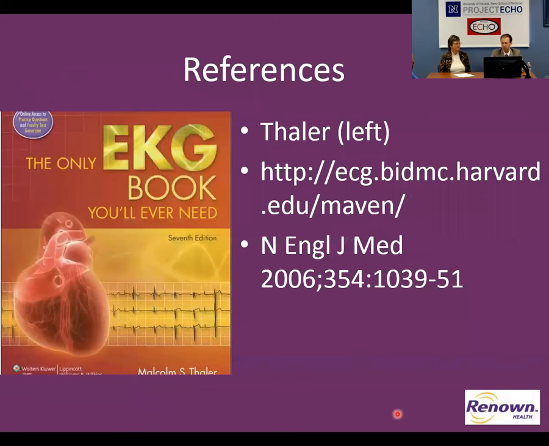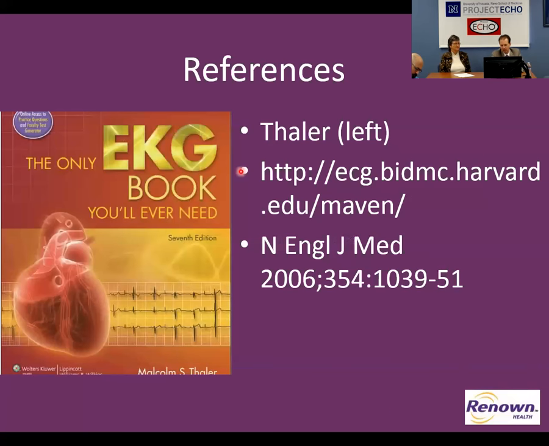As far as supraventricular arrhythmias, this is a book that's pretty rudimentary, but nonetheless, I think is an excellent reference. Thaler, the only EKG book you'll ever need. It's the alternative to Dubin, which of course is the bright orange colored book that he wrote for many years.